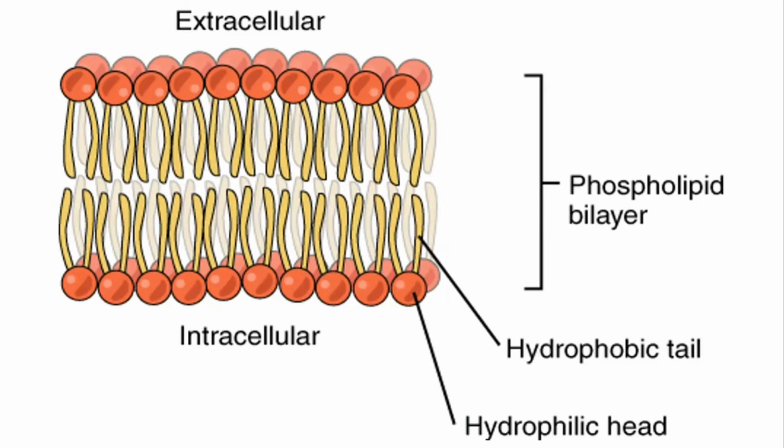The lipid layer of the cell membrane is a bilayer, which means it's made up of two main parts. One is the head, which we call the hydrophilic head, and the other is the tail, which we call the hydrophobic tails.